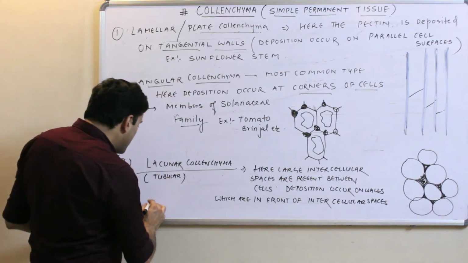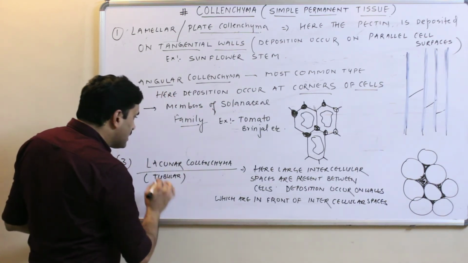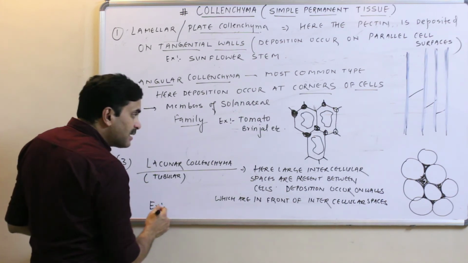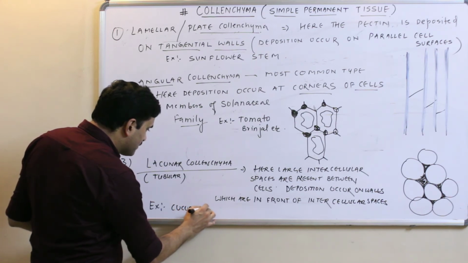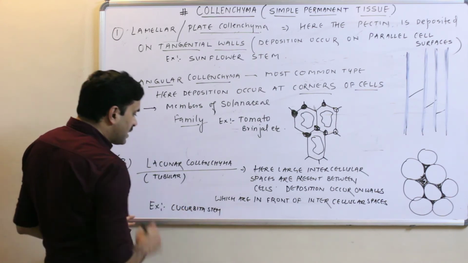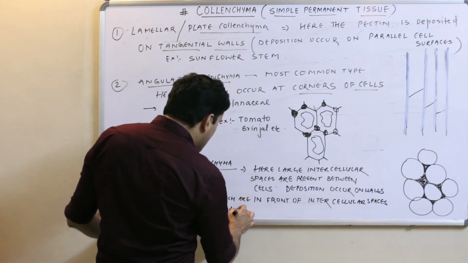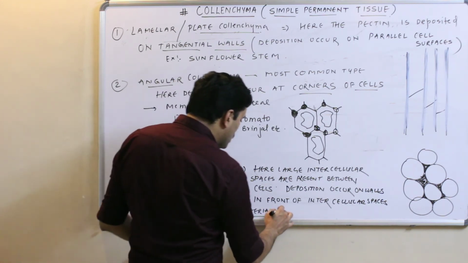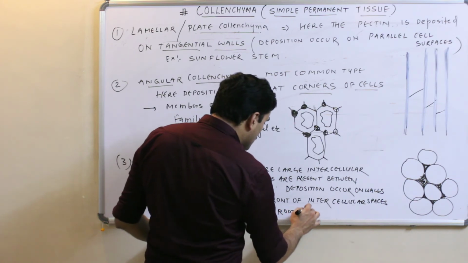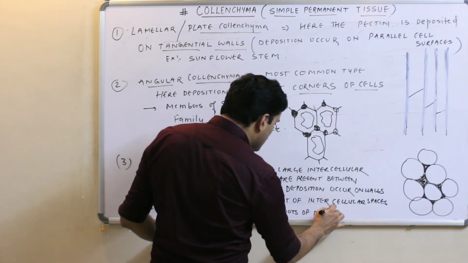Alright, so the best example of lacunar collenchyma is the cucurbita stem and aerial roots of monstera. Now this is an exception.